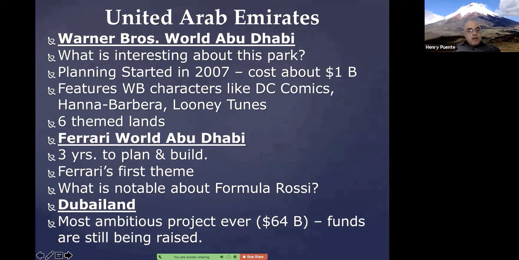One last thing about the United Arab Emirates: they were planning to build something called Dubailand in that city. Dubailand was supposed to be essentially a theme park twice the size of the Magic Kingdom and Epcot. If you combine all those theme parks located in Orlando, those 4 theme parks, Dubailand was going to be twice the size of that.